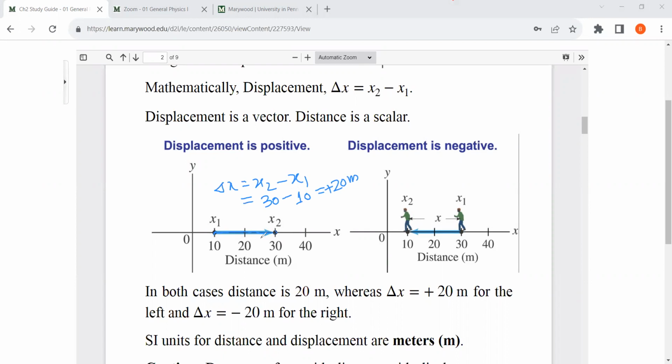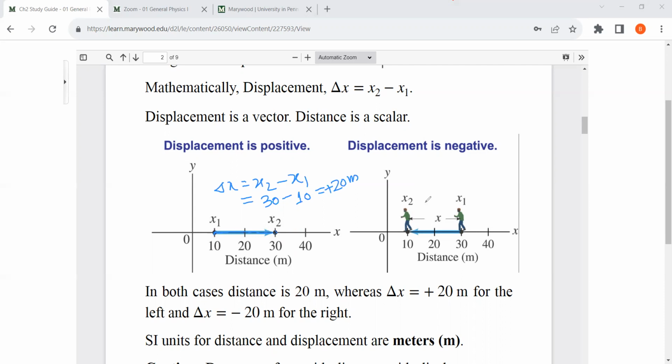In some examples the distance and the magnitude of the displacement are the same, but these are two different quantities. On the left we see that the displacement is positive.